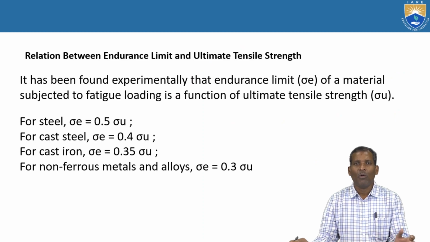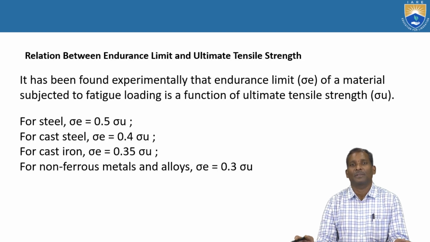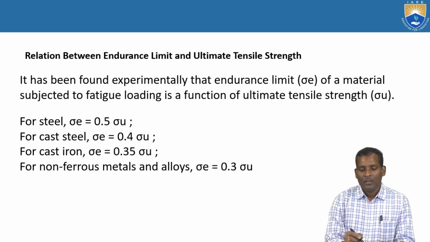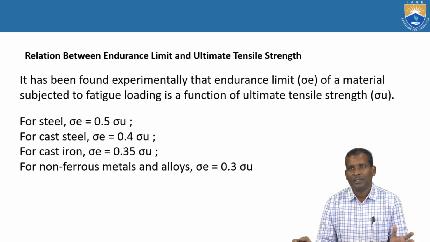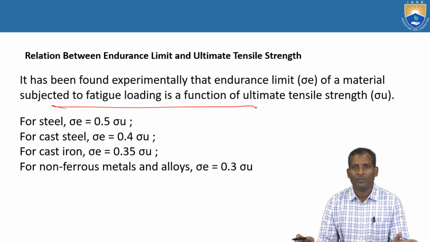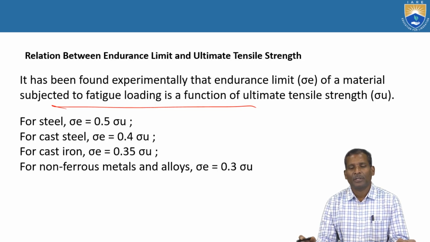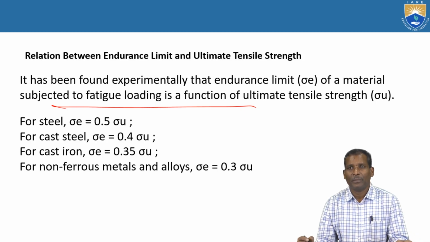Next, what is the relation between the endurance limit and ultimate tensile strength? These relations are very useful for problem solving. It has been found experimentally for the endurance limit of a material subjected to fatigue loading. So what is fatigue loading? Already you know fatigue failure. Whenever a component is subjected to cyclic loads or repeated loads, the component will fail below the yield point after a number of cycles. This phenomenon is known as fatigue failure. Here the fatigue loading is a function of ultimate tensile strength.